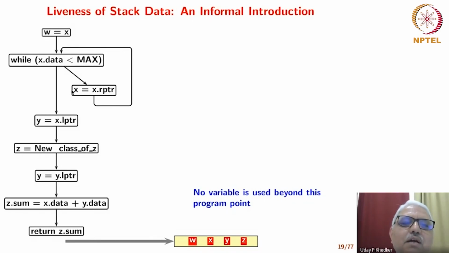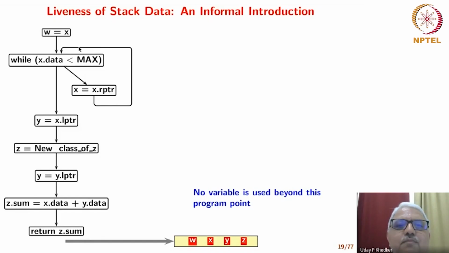In C style notation this will be a problem, because x is a structure, and we can't assign x like this. So we move this pointer x like this, and we have y is equal to x dot lptr. But as I said, let's not worry too much about what this program does. We are interested in seeing which of these variables can be eliminated, which of these assignments can be eliminated.